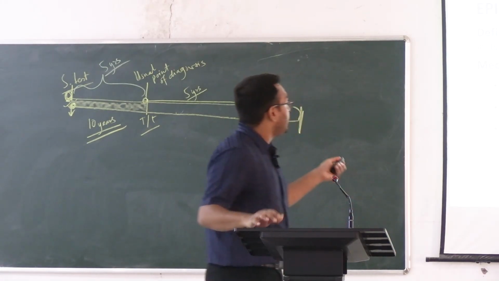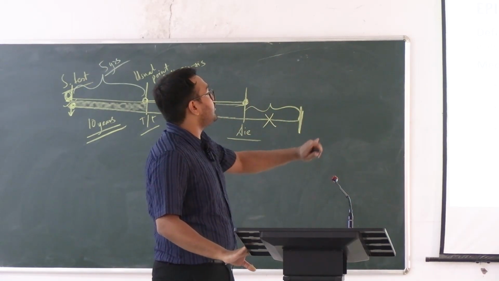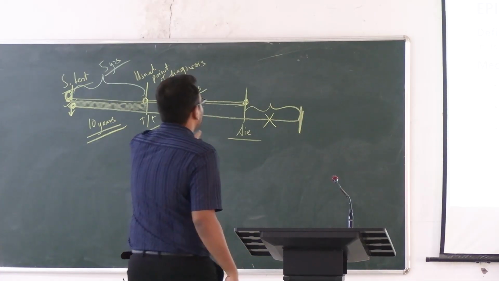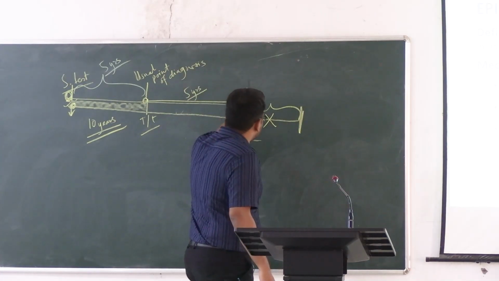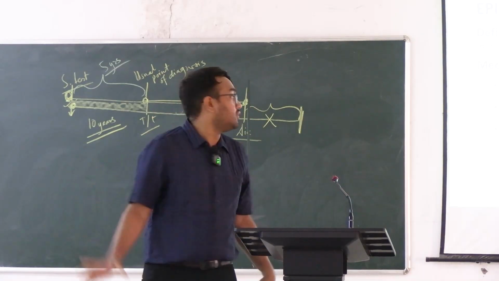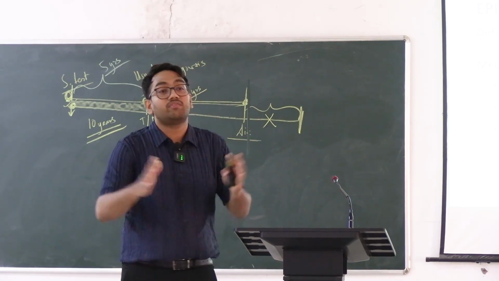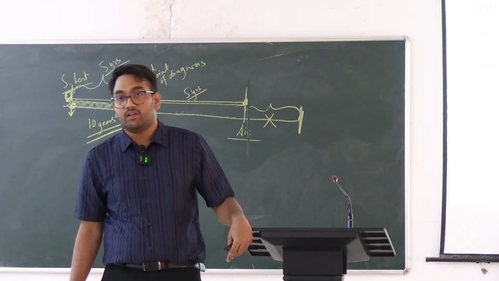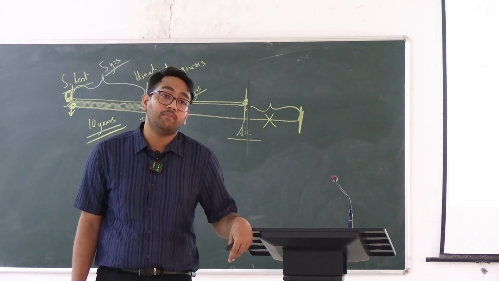And even if the treatment is completely ineffective and the patient dies at the exact same age, the survival appears long simply because they knew they had the disease for a longer period. So this is known as lead time bias.